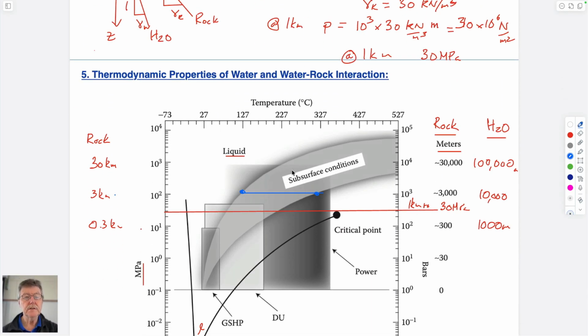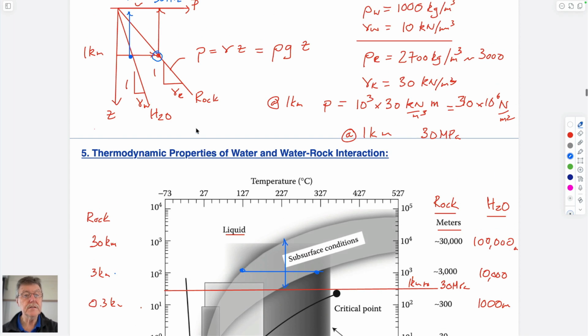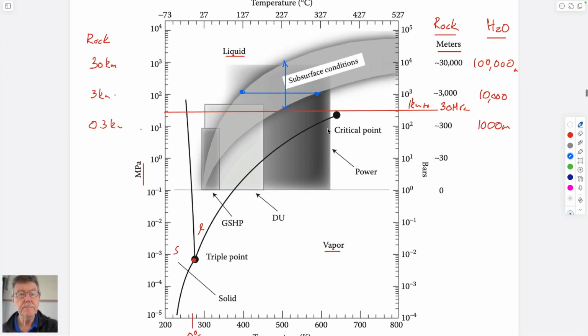And likewise, at any particular temperature and depth, we get a span in terms of pressures, because that is the span between these. And so that shaded line here represents the bounds on that as you go down deeper in depth. That's what we're doing. And so these are the conditions that the reservoir would see.